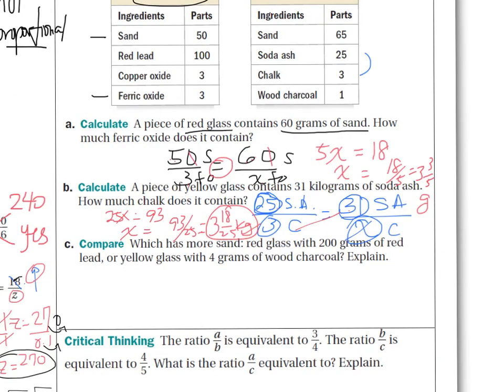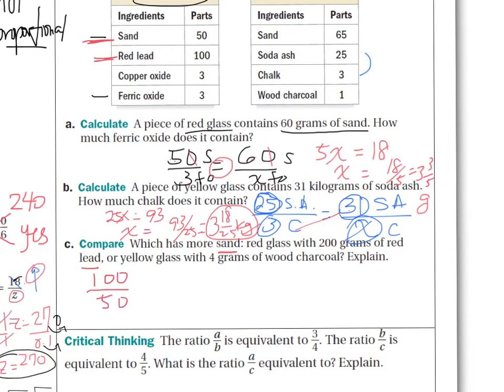And in part C, they want us to compare. Okay? So which has more sand? Red glass with 200 grams of red lead, or yellow glass with 4 grams of wood charcoal? So what are we comparing? For red glass, lead to sand, so we can start setting up our ratio, 100 over 50.